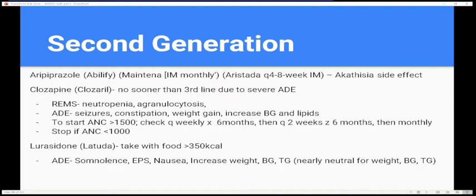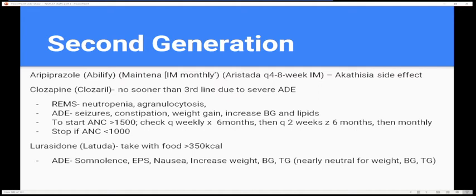The NAPLEX is testing you on dangerous stuff, so this is a medication you really need to know for your test. This is why I went into more detail with this medication than the others. When you start the medication, you check ANC every week for the first 6 months. After that, it's every 2 weeks for 6 months, and then it's monthly. That's something for you to know.